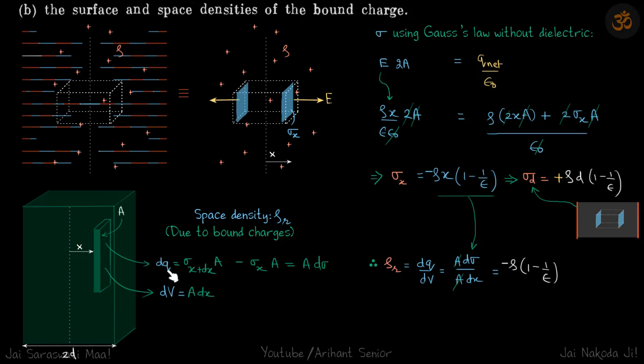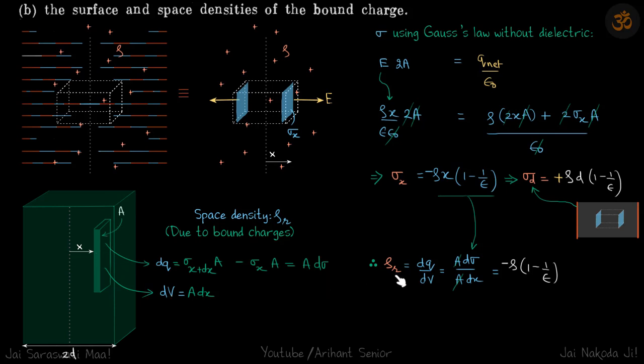Now what is dq? We can write dq as the surface charge on the external plate minus the surface charge on the internal plate. We have two plates, on the left and the right. So dq we can write as sigma of x plus dx into a, minus sigma of x into a, or a times d sigma. And dv, the volume of this element, is dx into a.